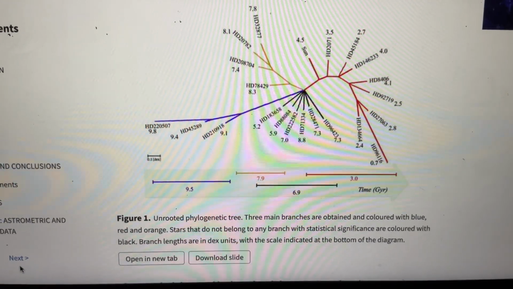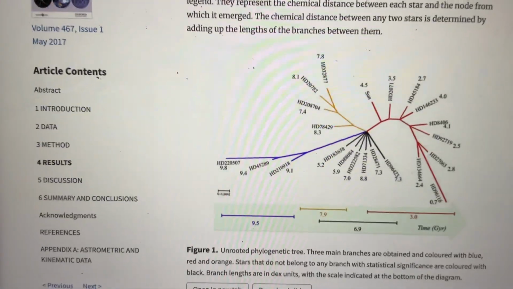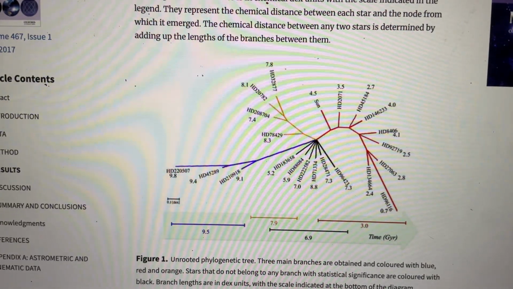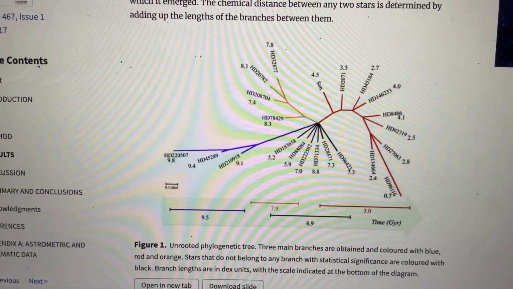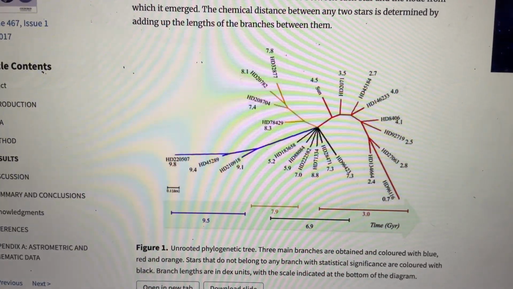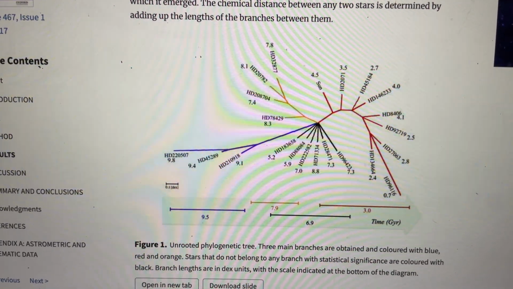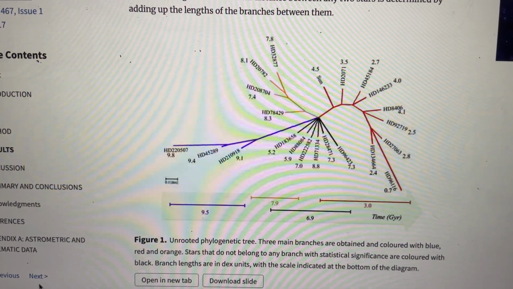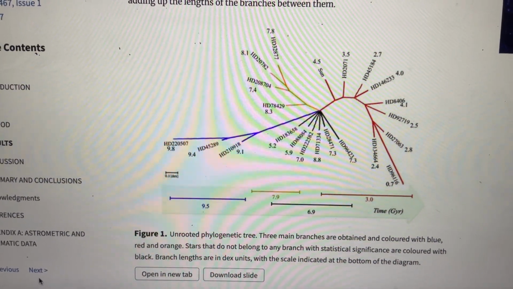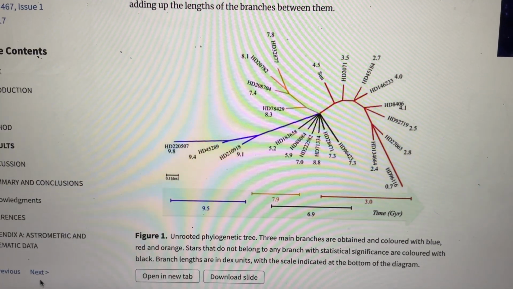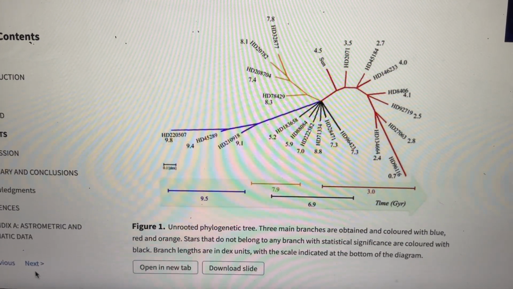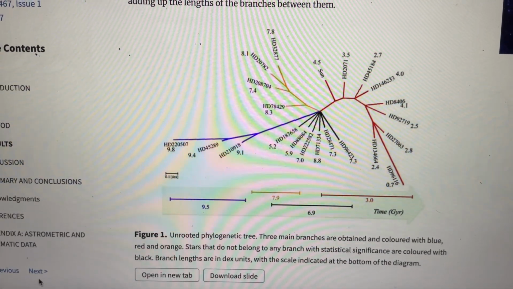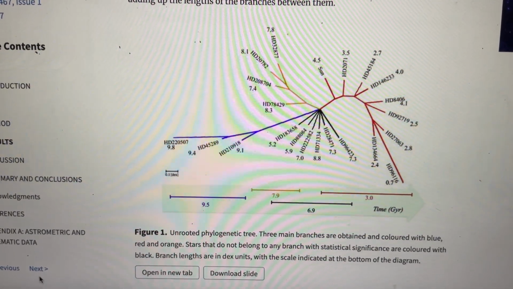So we can see that a few things are happening here that we can infer. We can see that there are evolutionary relationships in this tree, that stars that are closer together on the tree with shorter branch lengths between them are more similar chemically, meaning that they are more closely related in their evolution to one another.